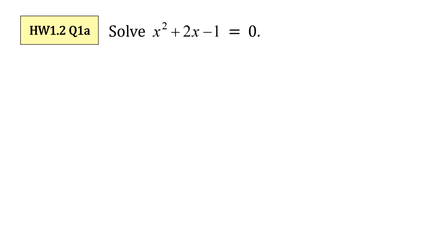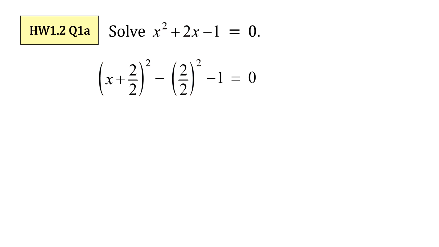Let's take a look at this question from the homework 1.2, question 1a. We're going to use completing the square to solve this quadratic equation. We will only start with x squared plus 2x. Treat it as the difference of two squares. We fill in the blanks. Simplify.